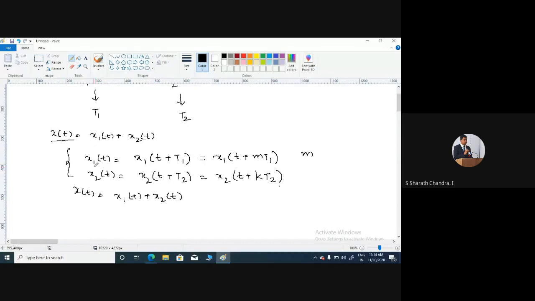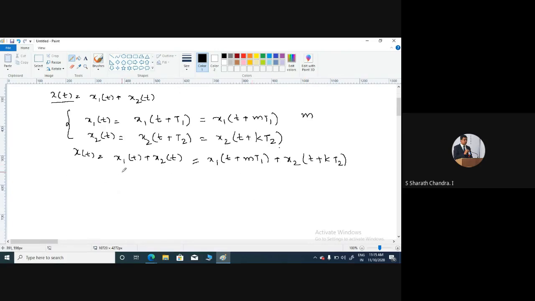From these conditions, I can further write this as x1 of t plus m T1 plus x2 of t plus k T2. Since this is also equal to x1 of t and x2 of t, you can still further write something like this. And for x of t to be periodic with a period of capital T, we require x of t to be equal to x of t plus T.